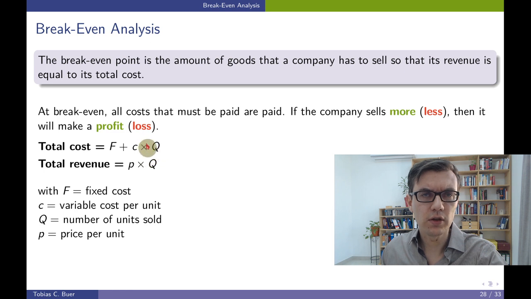The total cost, on the other hand, also depends on the number of items that we sell, big Q times the cost. And small c denotes the variable cost. For example, if we sell cars, then this is the price that we pay to buy a car.